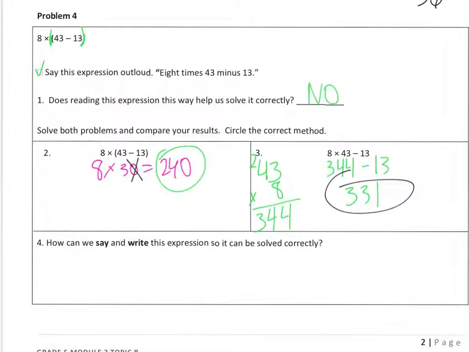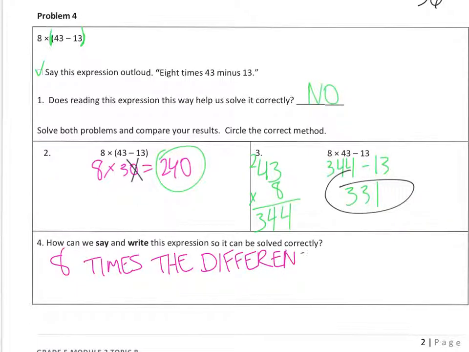So we say 8 times the difference of 43 and 13. And I know that seems small, but it tells you you're multiplying the difference, not the 43 or the 13. You're multiplying the difference between them.